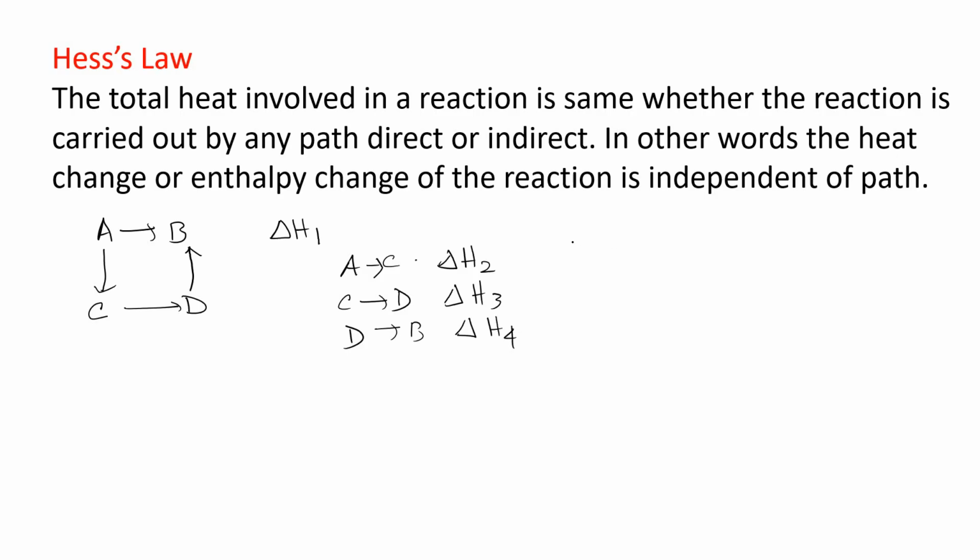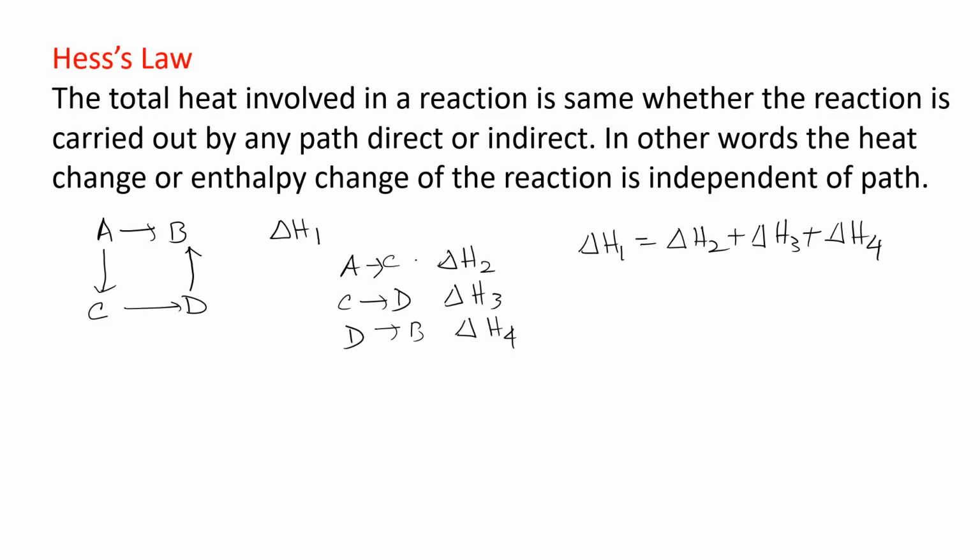Then according to Hess's law, delta H1, the heat change in the direct path, is equal to the sum of the heat changes in the indirect path, that is delta H2 plus delta H3 plus delta H4.